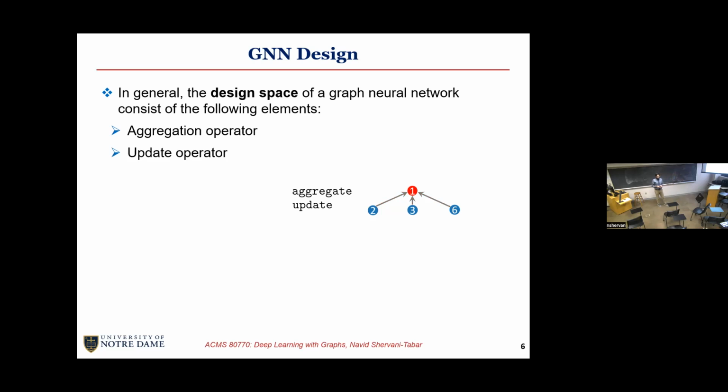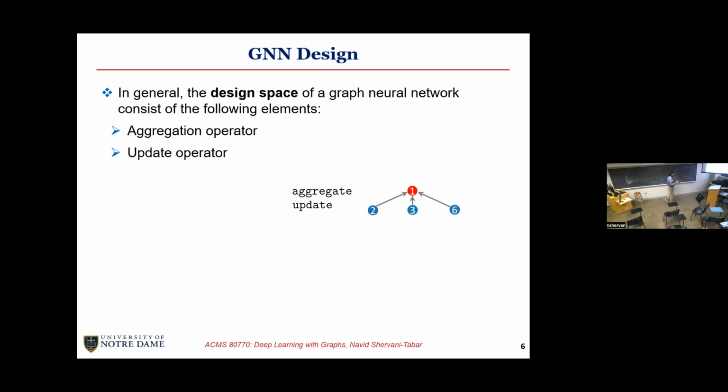Now, a second principle that we need to have is the principle of update, meaning that now that we have the message from our neighboring nodes, we also have the node's own previous embedding from the previous iteration. Now we want to combine these two. Potentially, we can, for instance, disregard the previous state of the node itself.